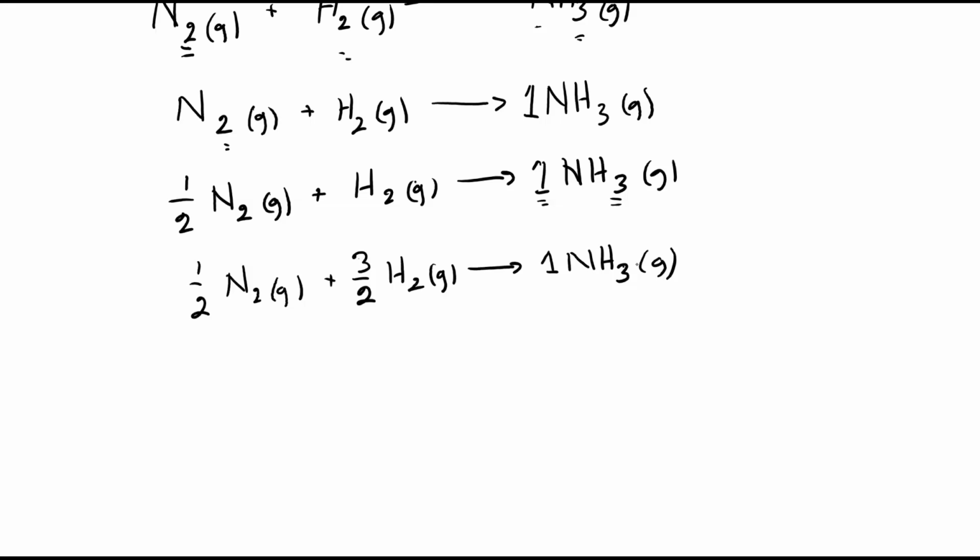However, as we pointed out earlier, you can't have half of a molecule or 3/2 of a molecule, so we have to multiply through by the denominator.